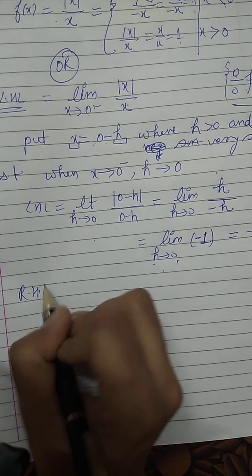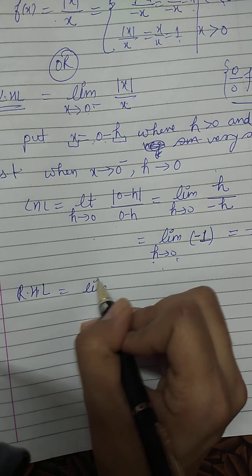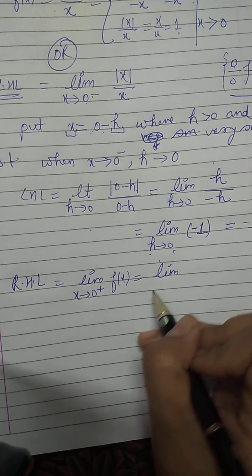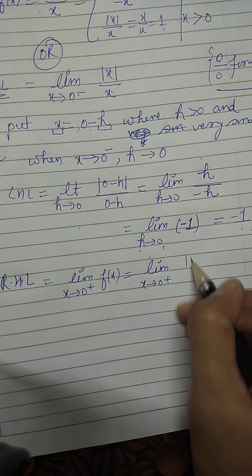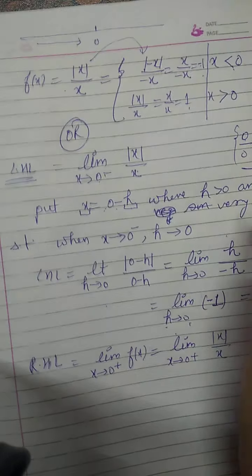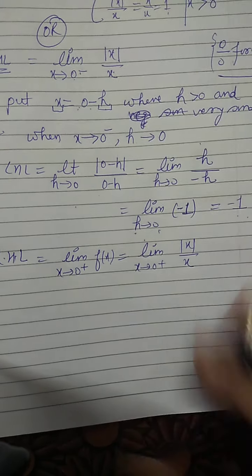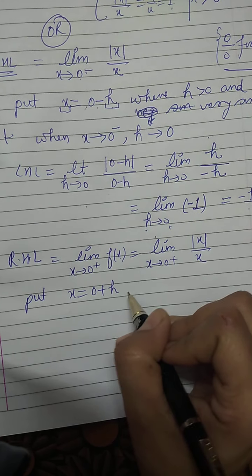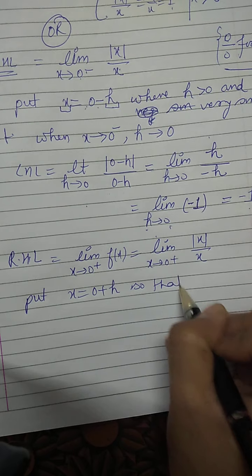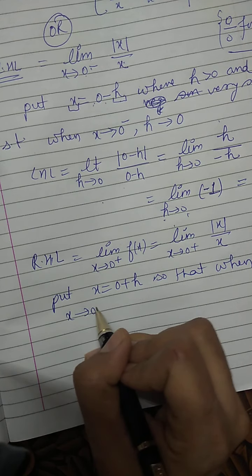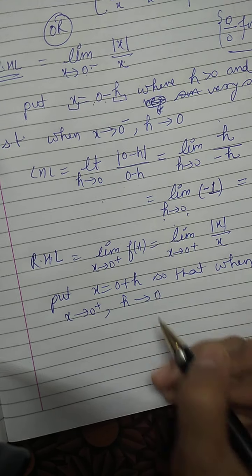Now if I calculate the RHL, it will be the limit as x approaches 0 from the right of the same function, mod x upon x. Since x is approaching 0 from the right hand side, it will be 0 plus something always. So we put x equals 0 plus h, so that when x approaches 0 from the right, h will approach 0.